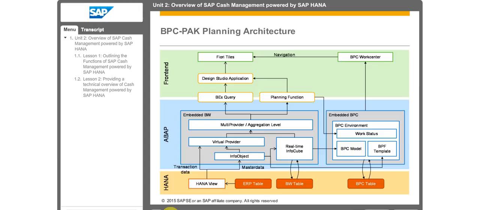In the embedded BPC, the BPF template is defined, which is pre-delivered by SAP for the planning template. The status of the planning cycle is also managed in the embedded BPC. For the embedded BW, all the planning logic is provided by the virtual provider info objects and also different multiproviders. To consume information from HANA, there are HANA views and also the BW tables for embedded BW and also some BPC tables consumed by the embedded BPC.